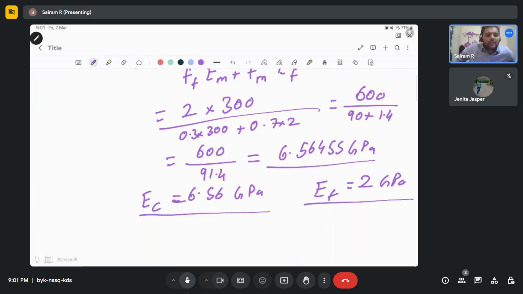This is definitely a plus point if we are looking to strengthen or use the fiber or the reinforcement in some way.